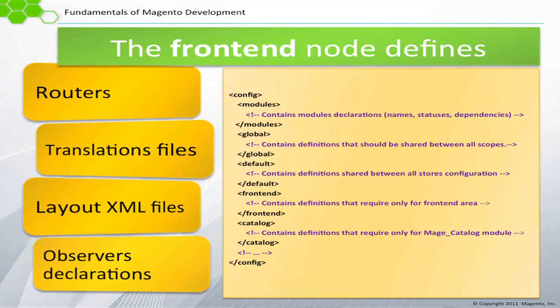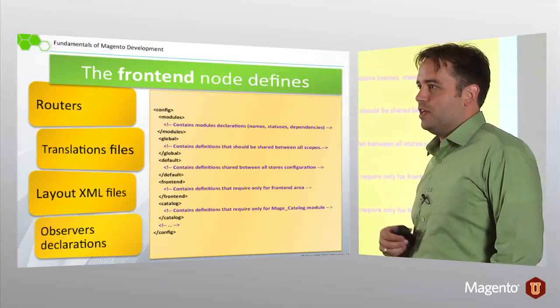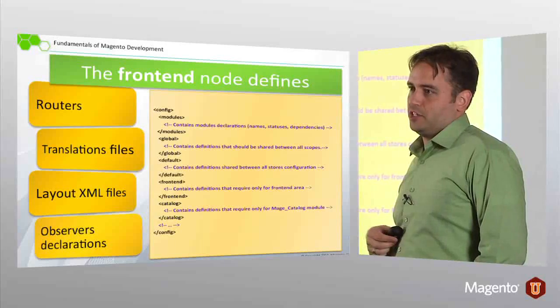So in the different area nodes, for front end or admin, we might set up routers, and these are the things that actually handle the requests that come in and determine how we're going to match that request and dispatch controllers.